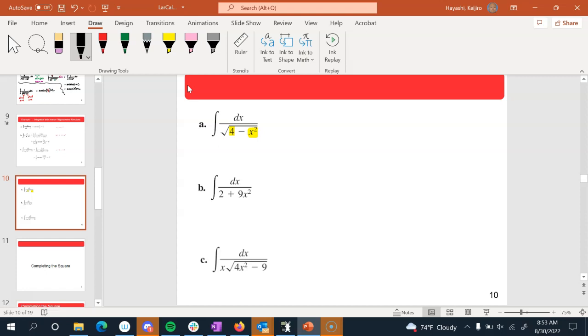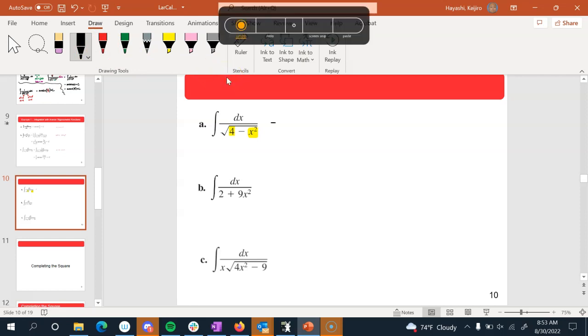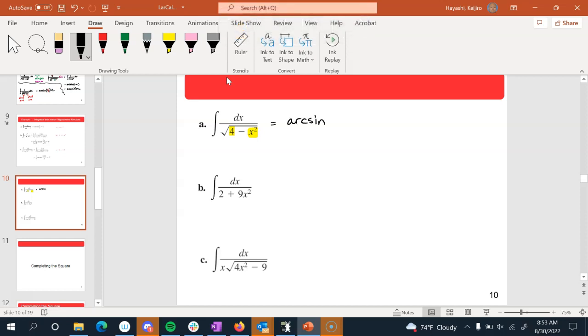And that uniquely identifies this as becoming an arcsine. So it is going to be an arcsine. And arcsine doesn't have anything special in front of it. It just starts off as arcsine. It's going to be the arcsine of u over a. So we'll just figure out what u is and what a is.